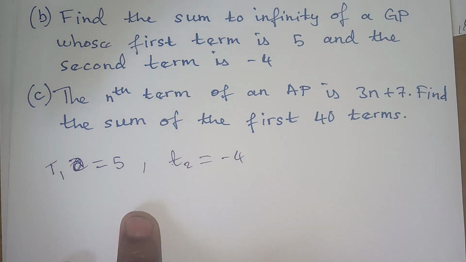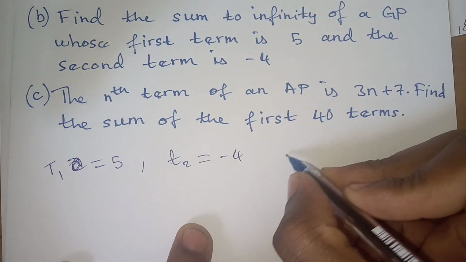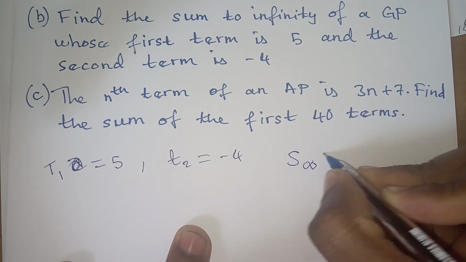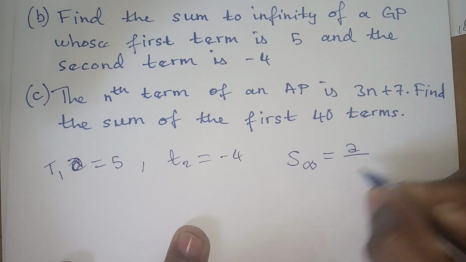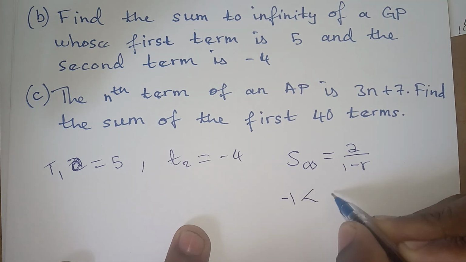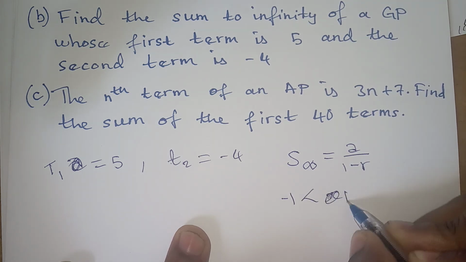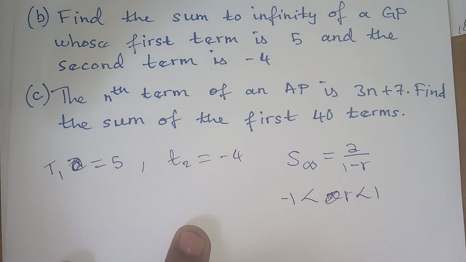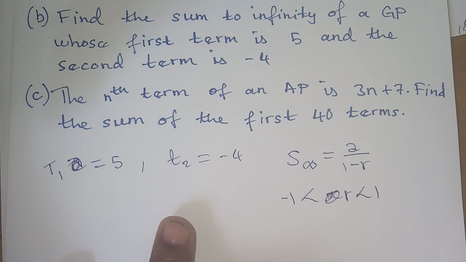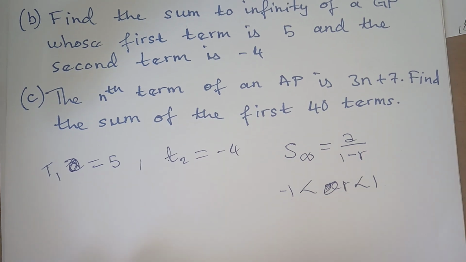Now, from the formula for the sum to infinity, it's simply A over 1 minus R, where R is between -1 and 1. So this cannot be 1 point something, it has to be 0 point something all the time.